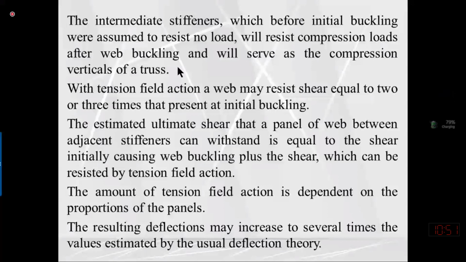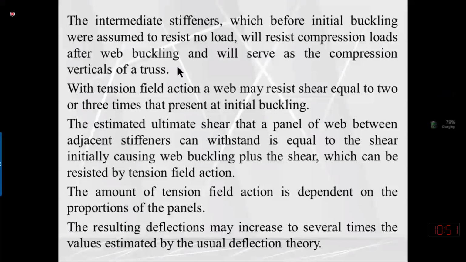Before the web buckling, no compressive forces develop in the intermediate stiffener. Once the web buckles, tensile forces develop in the web panel, which must be resisted by the intermediate stiffener and flanges.